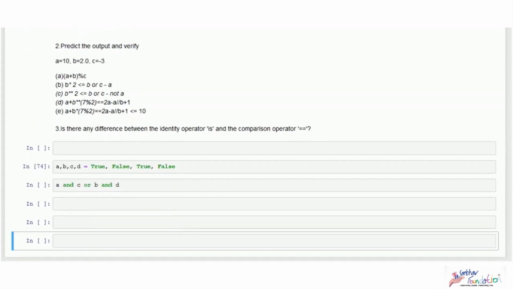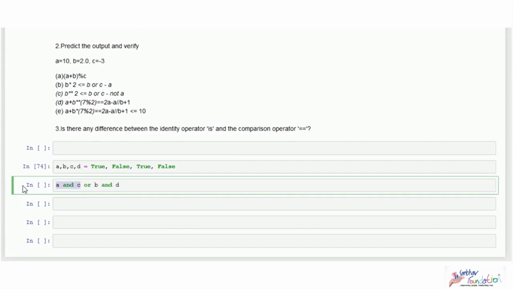If we go back here, first AND is executed, right? So A and C, which is true and true, so the answer is true. And then we have another AND over here, so B and D, it is false and false, so it is false. Now we have true or false.